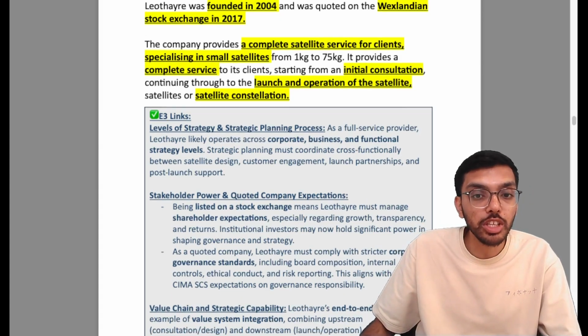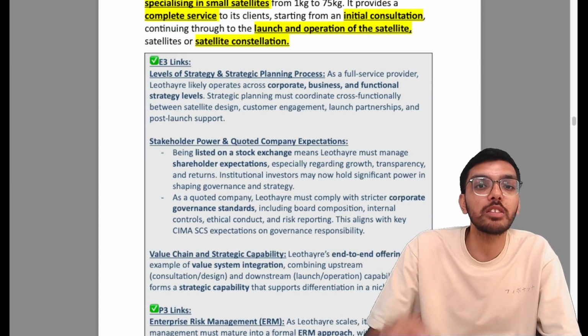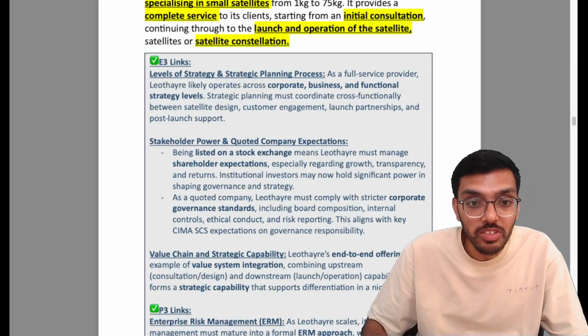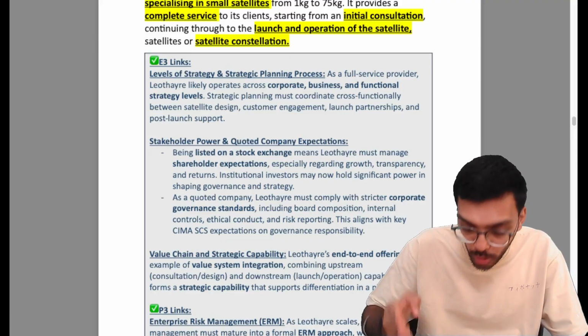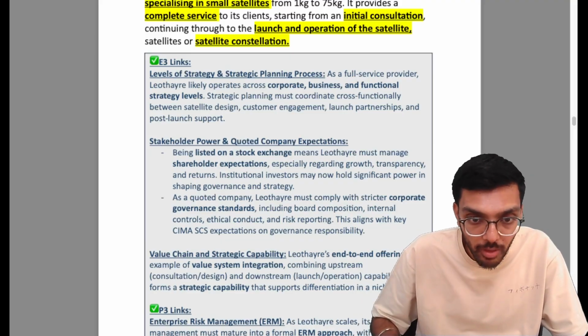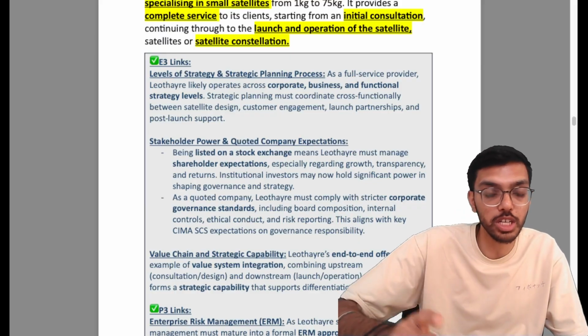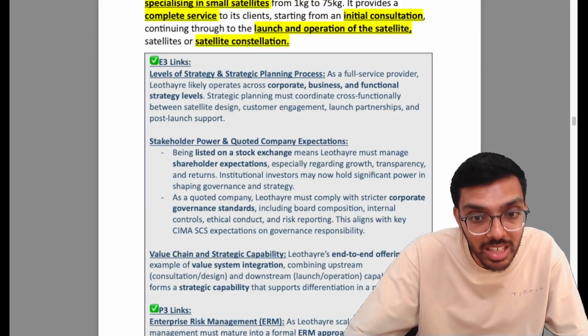Next, being listed on the stock exchange means we have to manage stakeholder expectations, shareholder expectations as well, and we need to follow corporate governance policies, corporate governance standards, which is from your E3 and P3 syllabus.